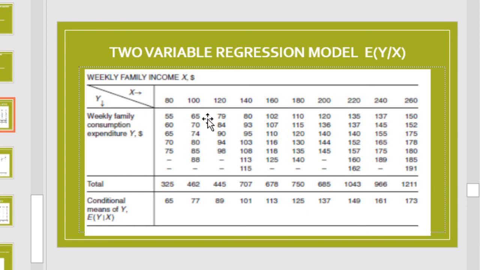That term is explained in this class, and we have taken a hypothetical population of 60 families, and here the income level and the consumption expenditure are given.